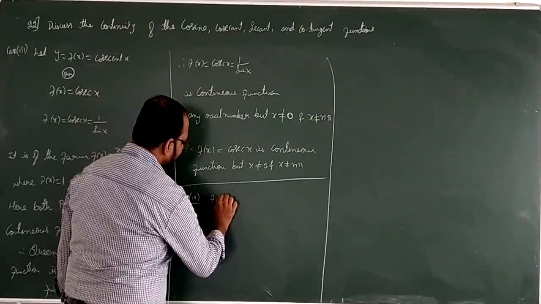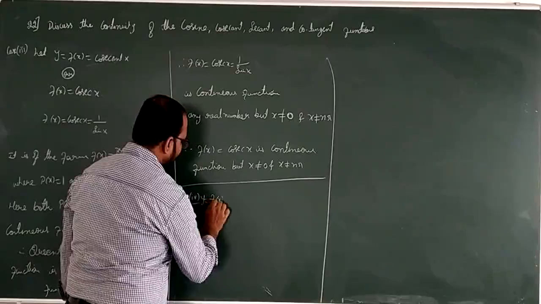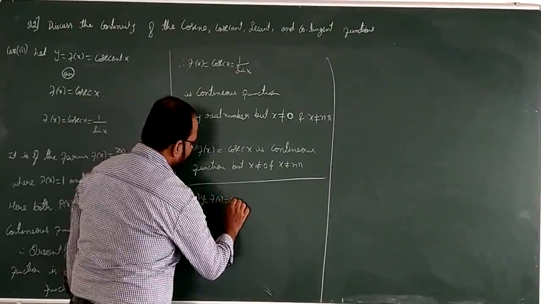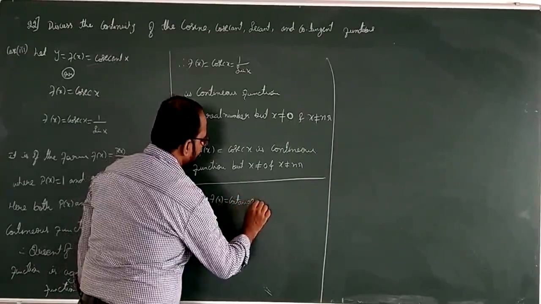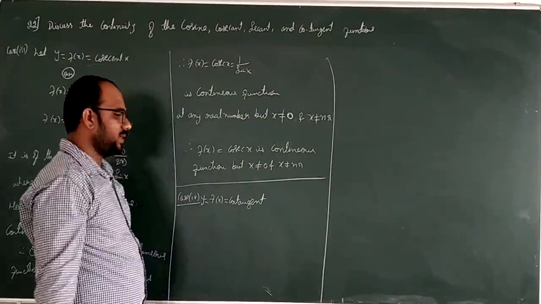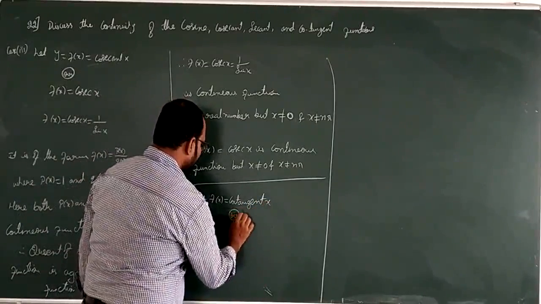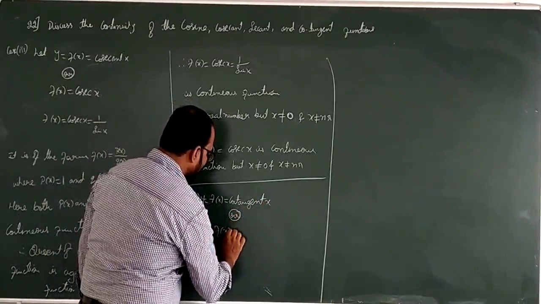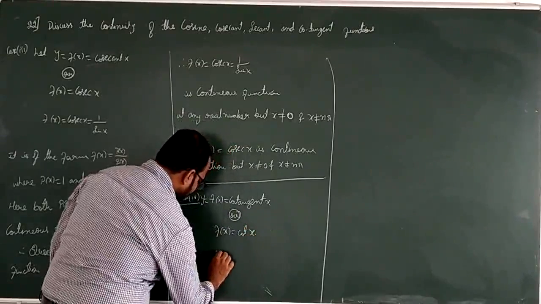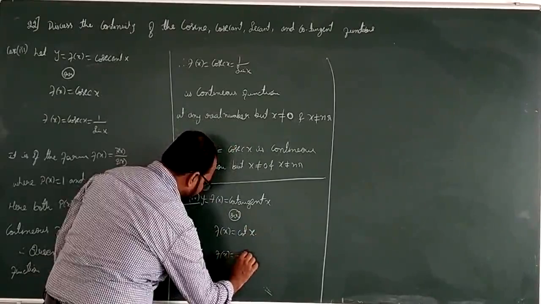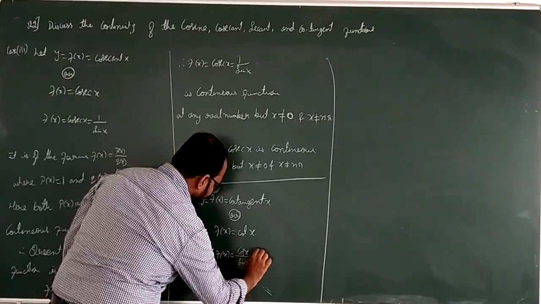Let y is equal to f of x is equal to cotangent x, or f of x is equal to cot x. It can be written as f of x is equal to cos x divided by sin x is equal to cot x.